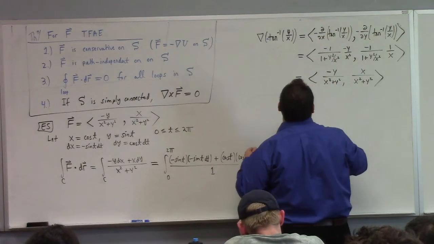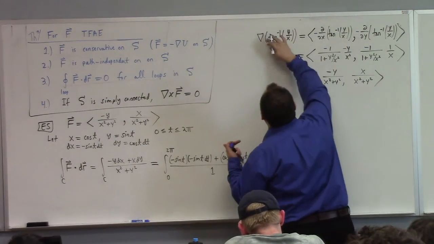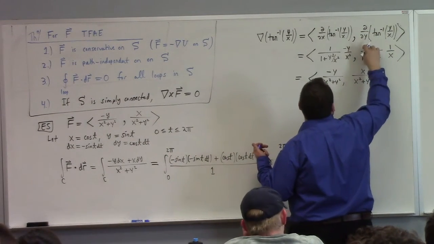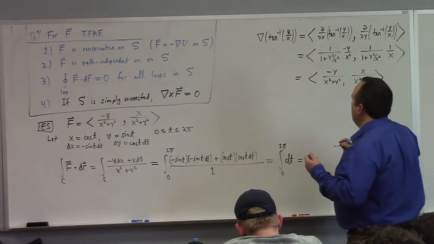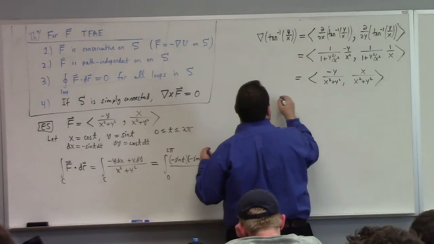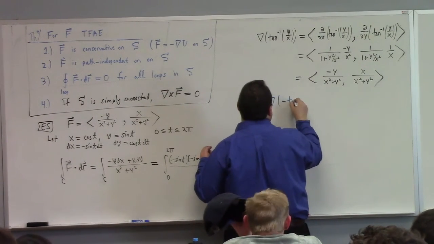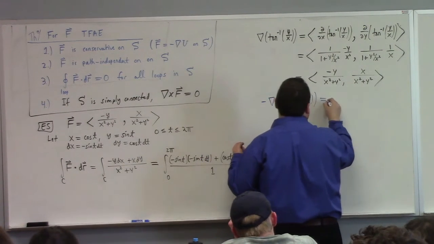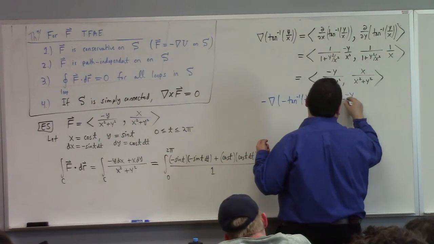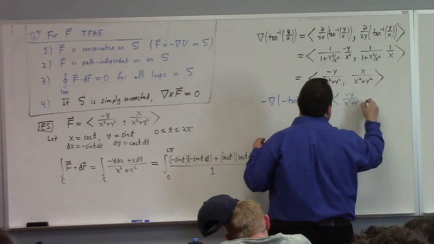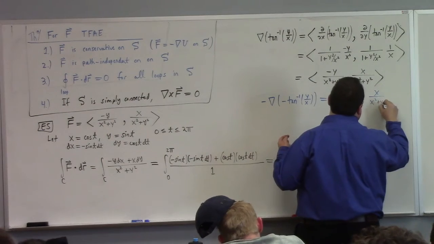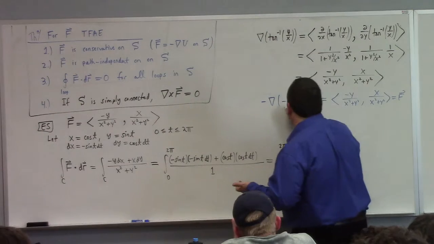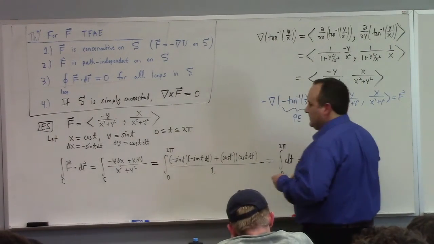The calculation's fine, but how can I say this? Minus the gradient of minus the inverse tangent. It's so annoying, the minus from physics. It just is what it is. So that means that this is my quote-unquote potential energy function, right?